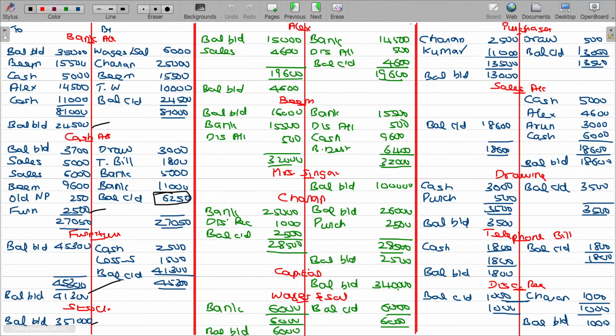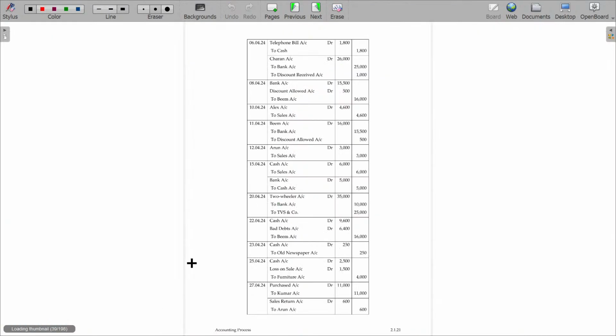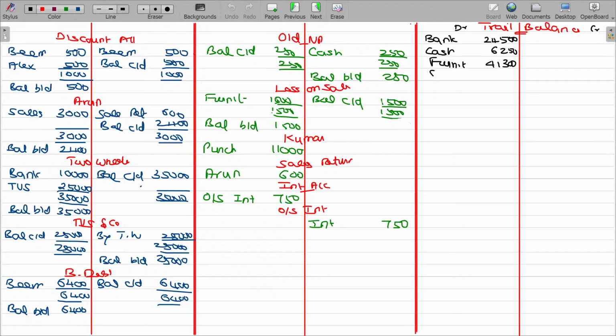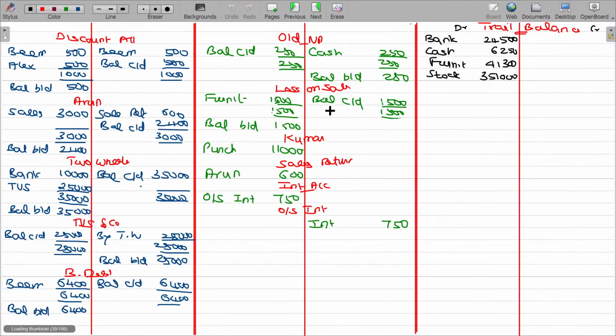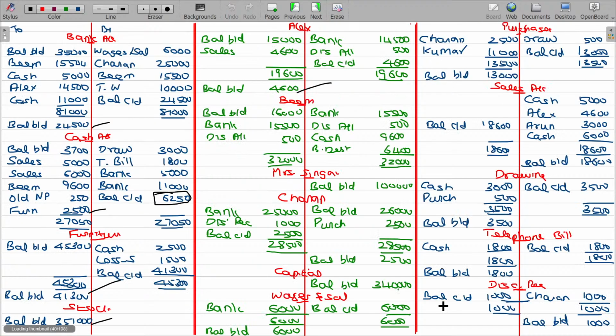And then stock 3,51,000 debit side. Alex 4,600 debit side. And Beam has no balance.